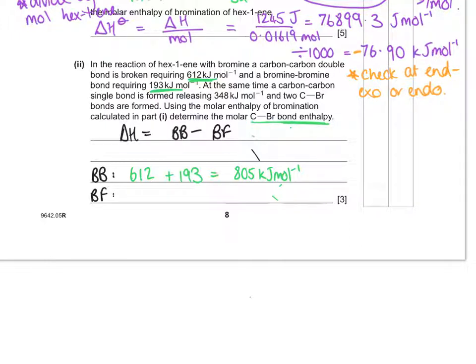So the bonds formed are a carbon single bond, which releases 348 kilojoules per mole of energy, and two C-Br bonds. So that's going to be 2 times our C-Br bond. They don't give us that value, that's the value that they want us to work out. So now I can put that into my equation for delta H equals bonds broken minus bonds formed.